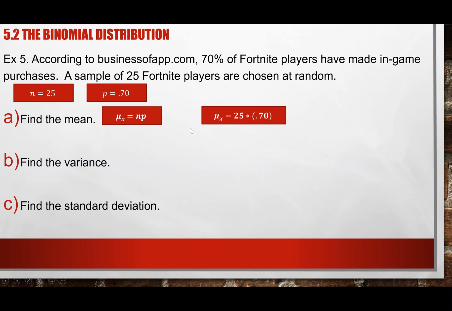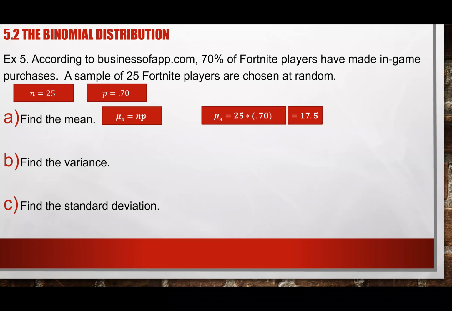You plug it in your calculator: on average, 17.5. So again, 17 or 18 people. On average, out of 25 people, 17 or 18 of them spend money in this game. Everybody see that? To find a mean, compared to the previous problem with exactly, more than, fewer than, hopefully you see that this one is easy, right?